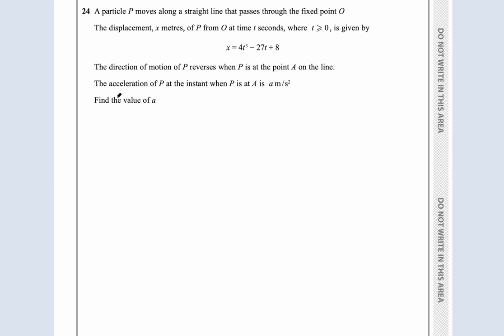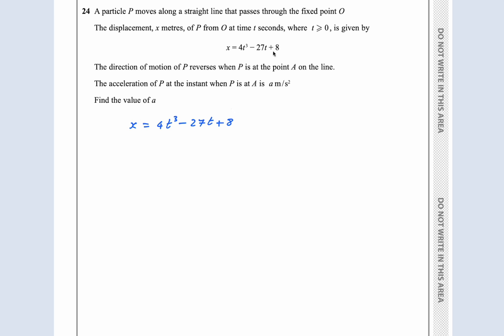But there's a few ways that we can all definitely pick up marks. So one of them is, if I have the displacement, which I do, let me just write it here. x equals 4t cubed minus 27t plus 8.